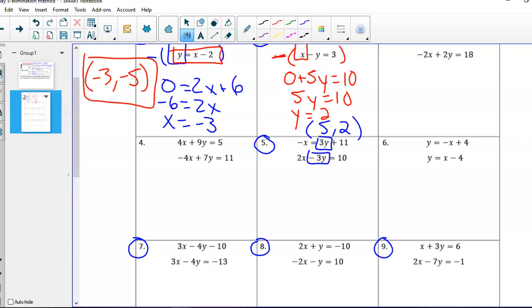Because you have one negative and one positive, you could add them together, and those would still cancel. We've been subtracting the bottom one, but you could have done it the other way also. Take the bottom one, subtract it from the first one. Take the top one, subtract it from the bottom one.